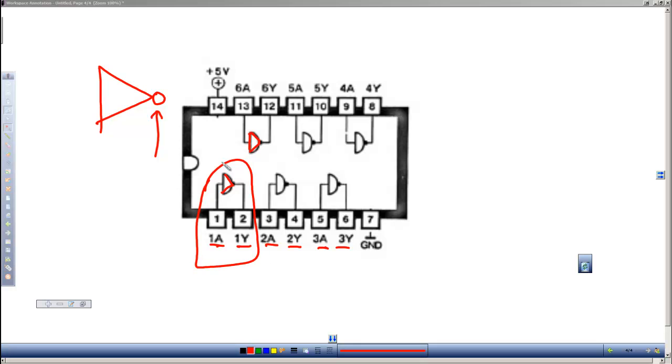In other words, they do not affect the operation of the other. So anything you connect to the first device has no effect on the second or third unless you connect them together in your circuit. So we can use those devices independently.